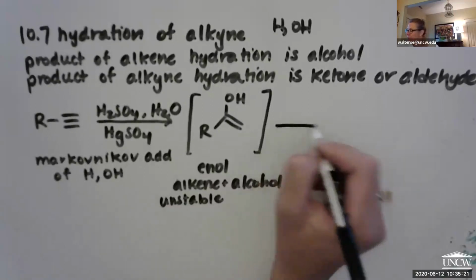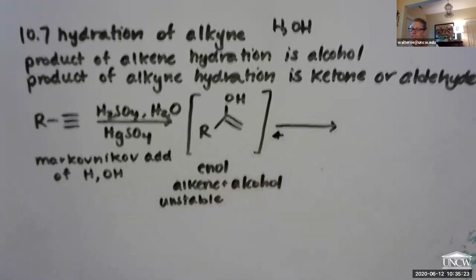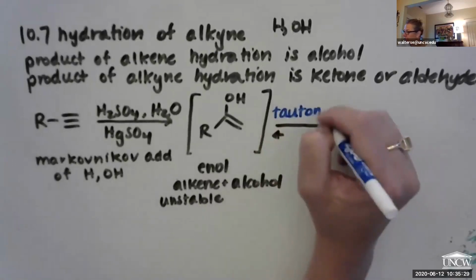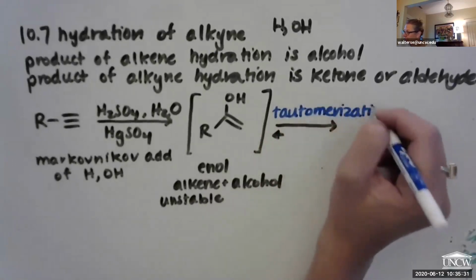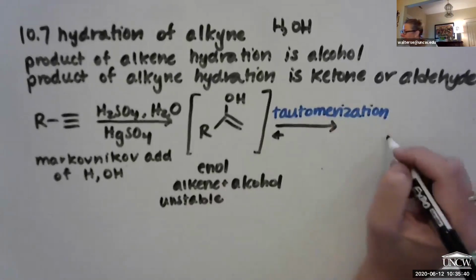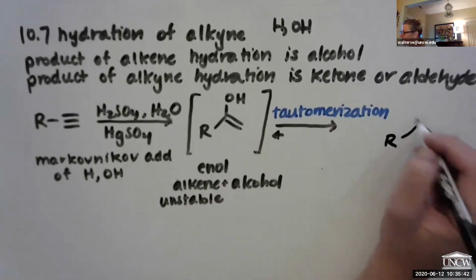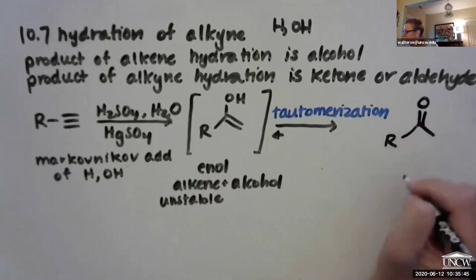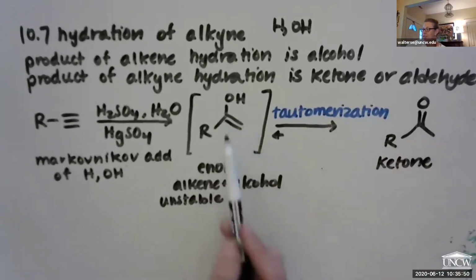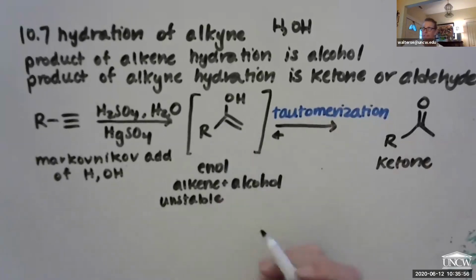And they undergo a process that's called tautomerization. And I'll define that in just a minute. The product of the tautomerization is a ketone. When you have this internal enol, it's sort of like an initial product, but it doesn't stick around long.